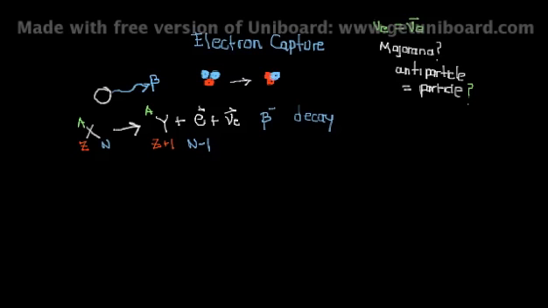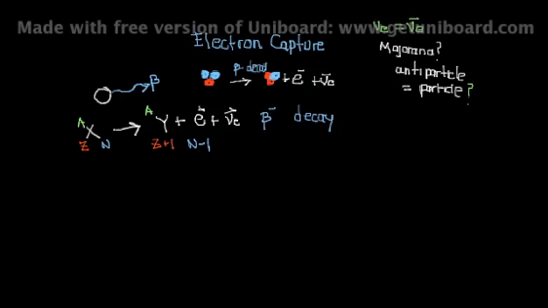This is the beta decay. When this happens, we must include an emission of an electron plus antineutrino. This is the process of beta decay, the radiation that is emitted is an electron.